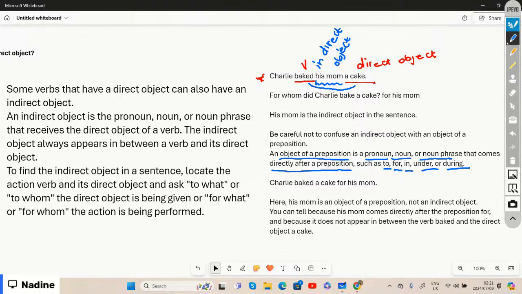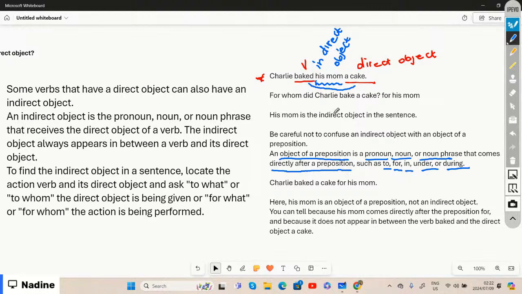So if either the pronoun or noun phrase comes directly after a word such as to, for, in, under, or during, then that is an object of preposition. It is not an action verb, it is not a direct object, it's an object of preposition.